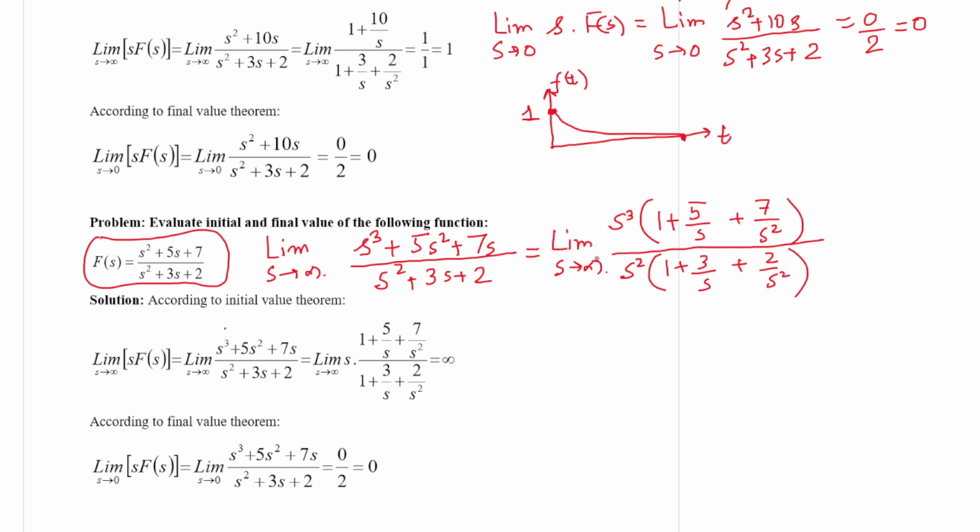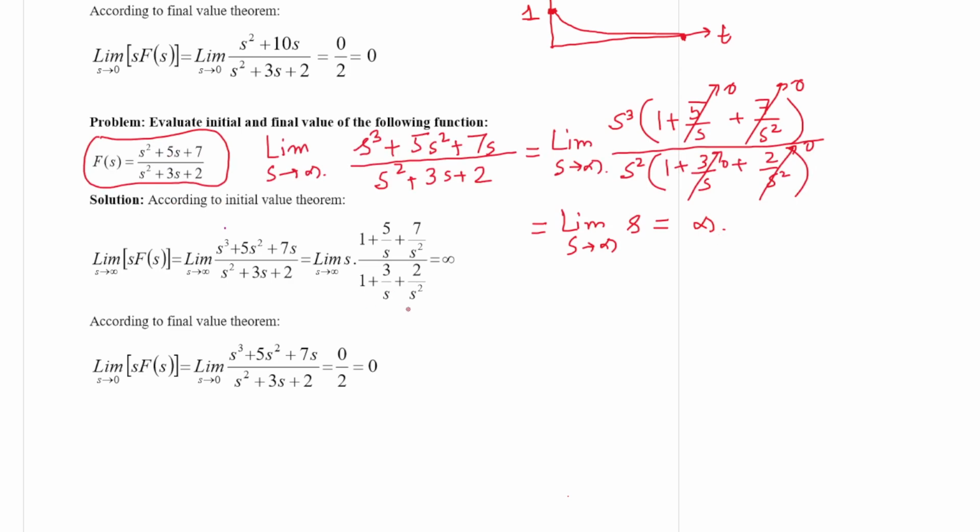Now with s tends to infinity, 5 by s, 7 by s square, 3 by s and 2 by s square all will be 0. So it is only remaining s cube by s square, which is limit s tends to infinity of s, which means the initial value of the function is infinity.